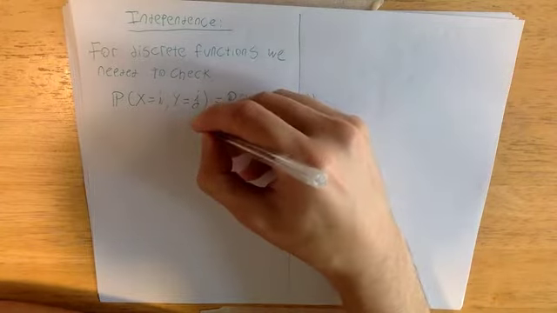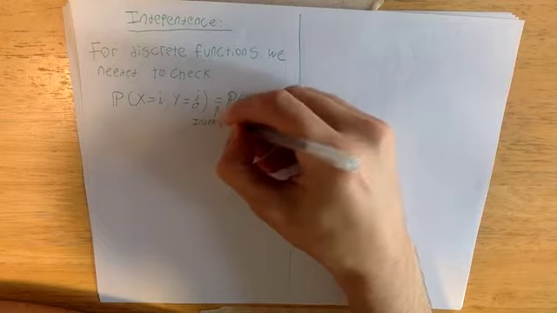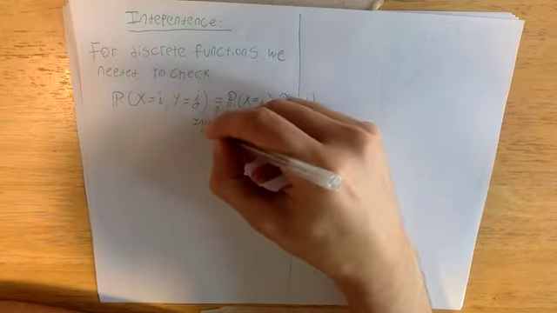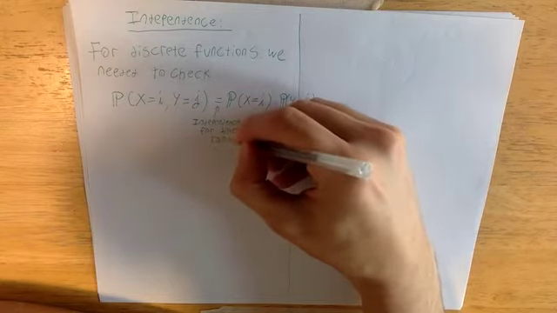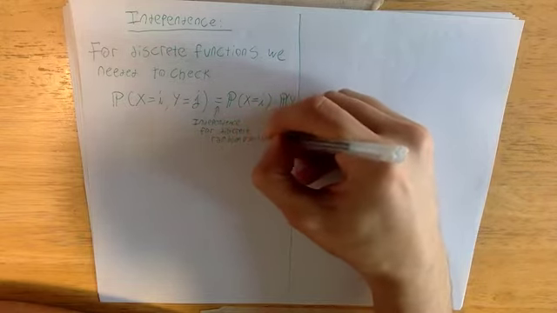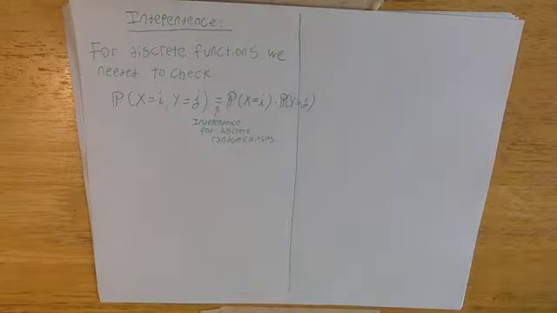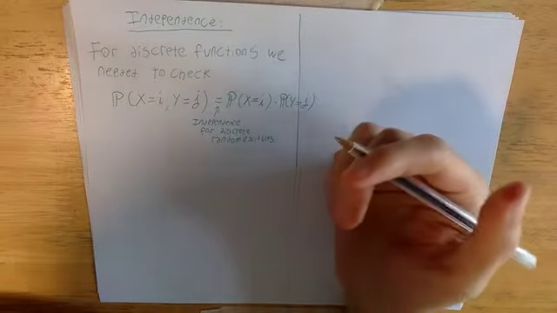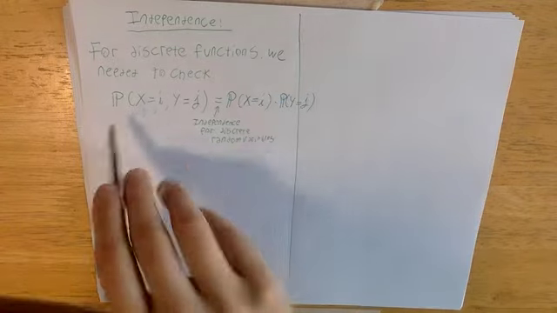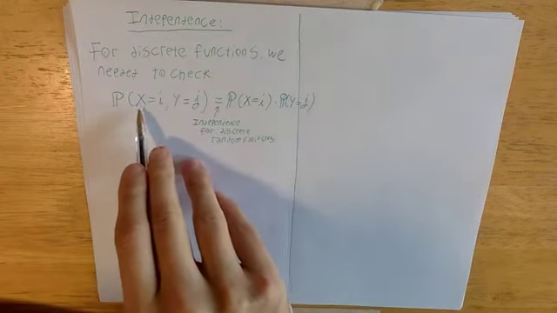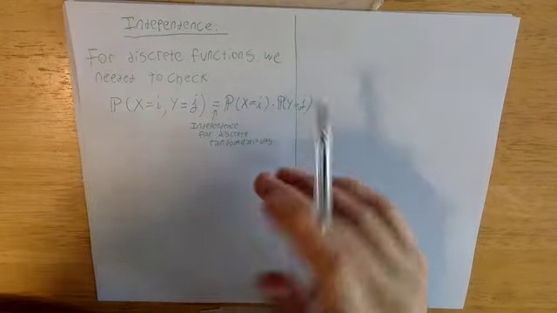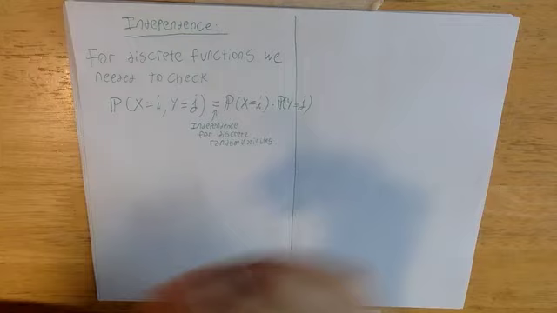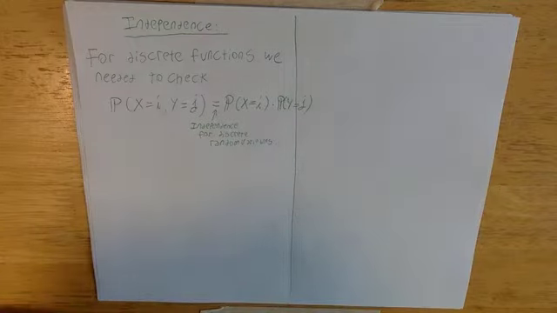So this is independence for discrete random variables. Now, for continuous random variables, we cannot check this because the probability that X is an exact point is well defined, it's equal to 0, but it's not going to give you much information about your random variable.